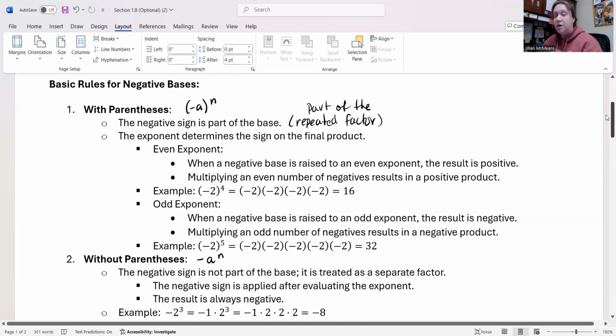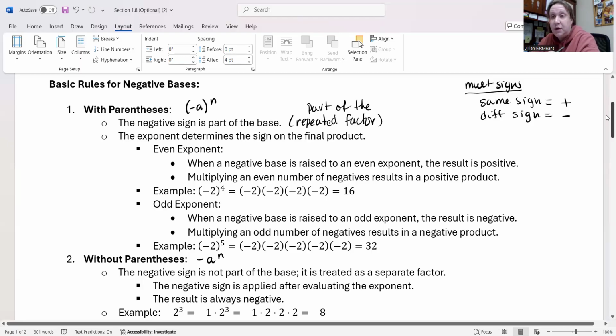So we need to review a couple of things. When you're talking about multiplying signs, we have a couple of things that we need to remember. When you multiply the same sign, we get a positive product. When we multiply a pair of different signs, we get a negative product, okay?